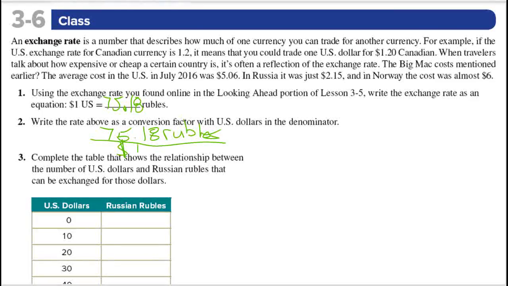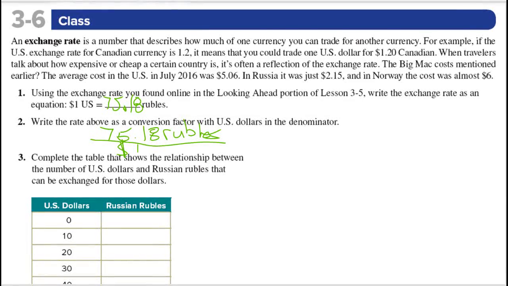And as we've talked about before, if I multiply that by $10, I would get 751.8 rubles. The dollars would cancel out because I would have dollars in the numerator, dollars in the denominator. So we're thinking about the unit analysis again. Go ahead and do question 3.